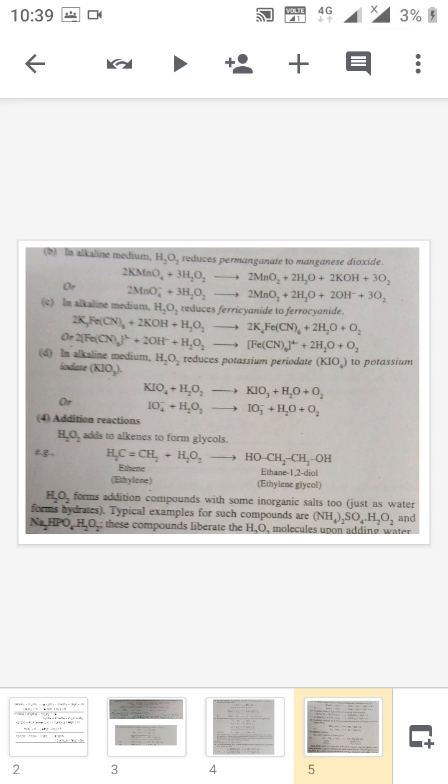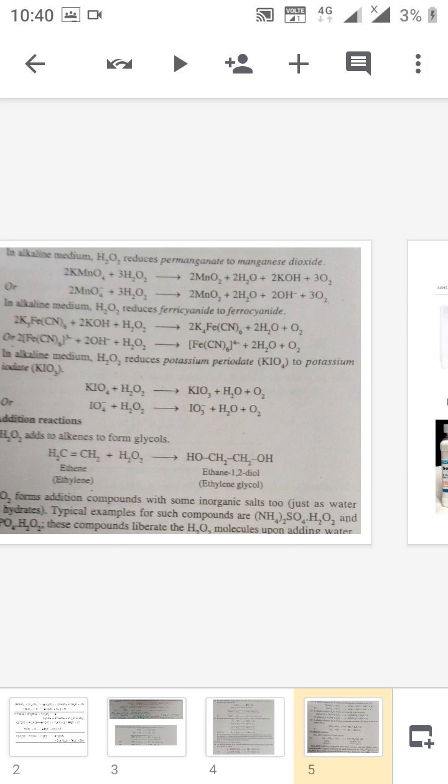Hydrogen peroxide can add to multiple bonded compounds. Yesterday we discussed the reaction of ozone with a multiple bond, where we get an aldehyde, sometimes a ketone. Here hydrogen peroxide can add to ethylene and we will get ethylene glycol as the product.